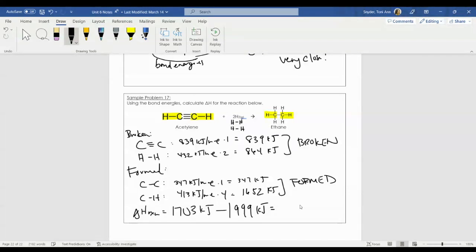And we'll see this would be an exothermic reaction. Let's calculate: 1703 minus 1999 gives me a value of negative 296 kilojoules of energy that's released in this reaction. This is an example of an exothermic reaction.